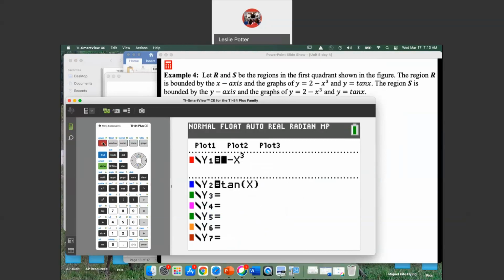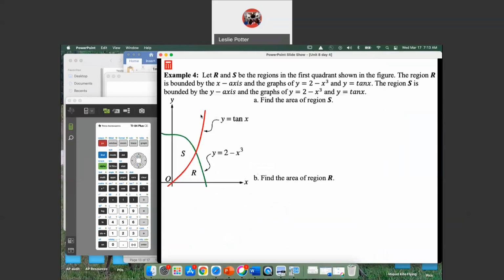Okay, so there are my 2 functions. I'm going to take my clues from the graph here and just graph this first quadrant. If we go out to 2, then we're way in the negatives here. So I'm going to adjust my window.